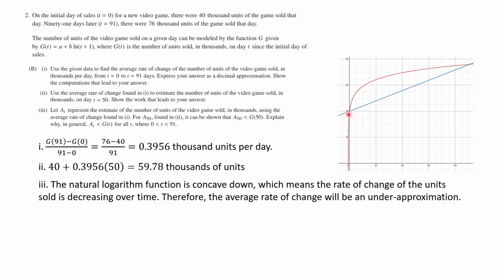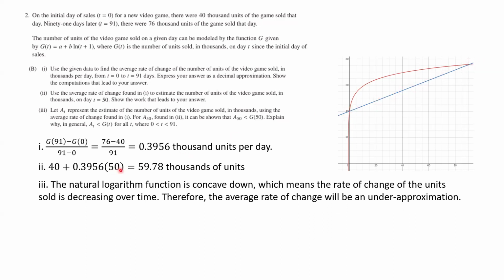So I even modeled it in this graph over here. If you start from 40,000 units, like the problem gave right there, at t equals 0, and you use 0.3956 as your slope, that's this line right here.